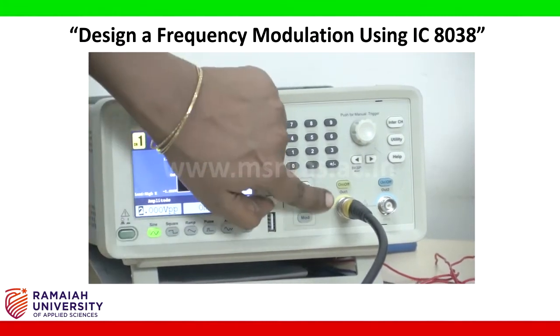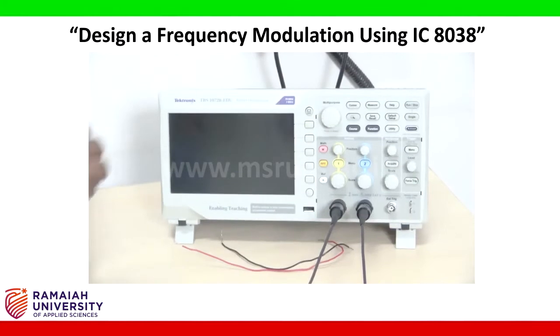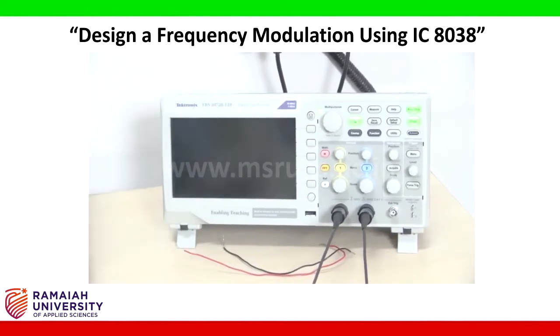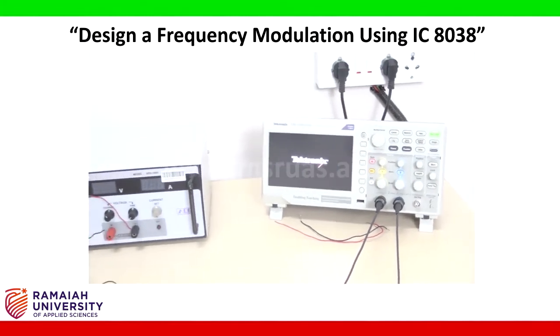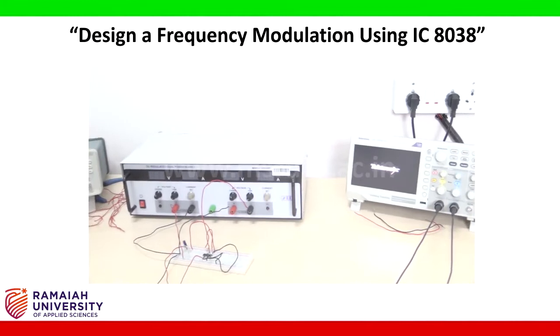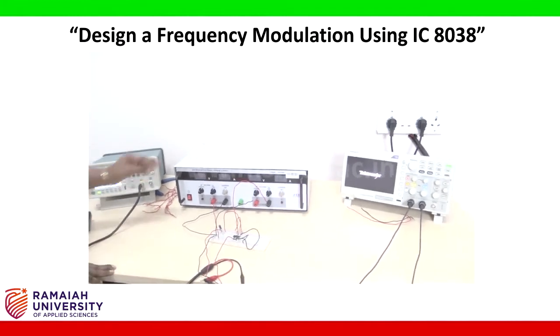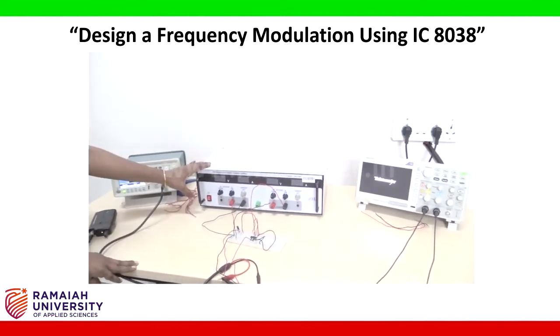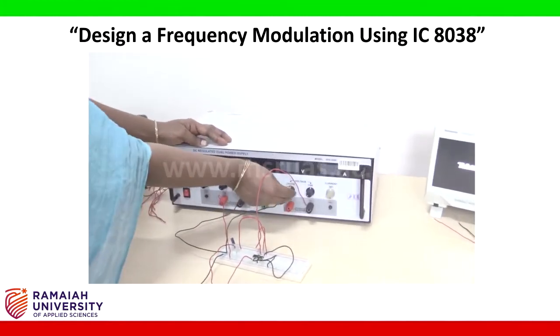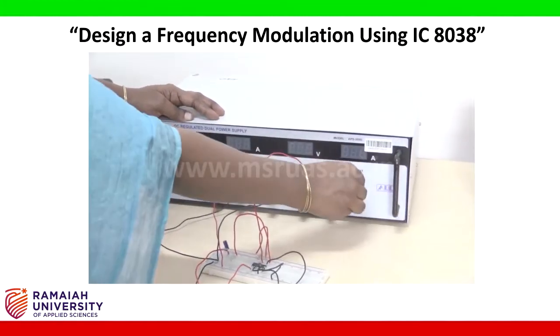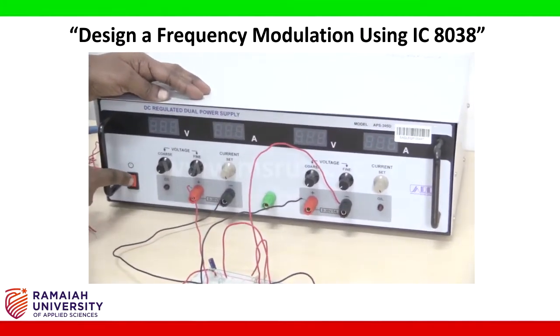However, do not switch on this. Now switch on the CRO. Meanwhile, switch on the DC power supply, but make sure the voltage knobs are minimum and current knobs are maximum. Then switch on the power supply.